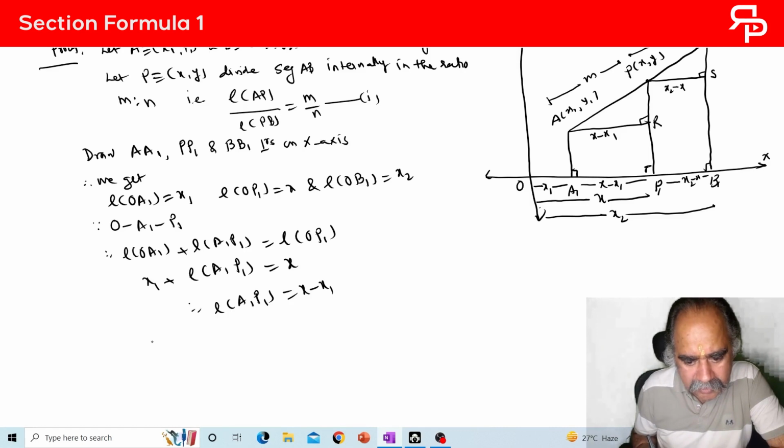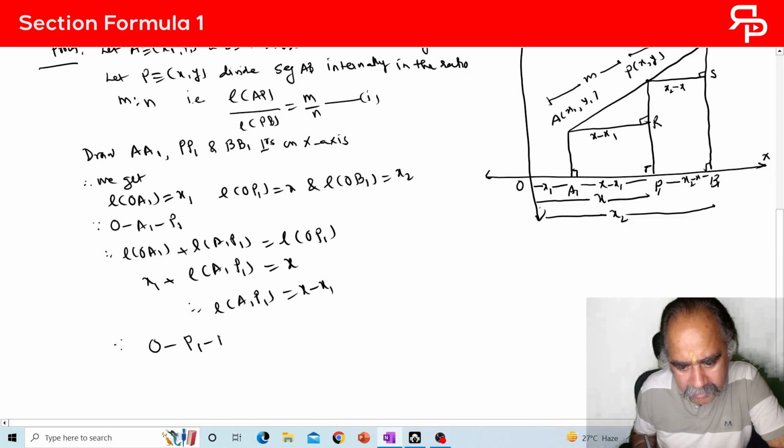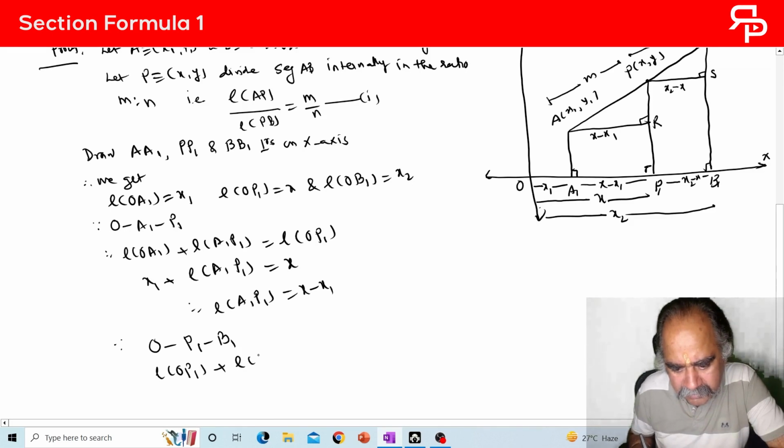Similarly, O-P1-B1. Now we are taking the second betweenness. So here length OP1 plus length P1B1 is equal to length OB1.